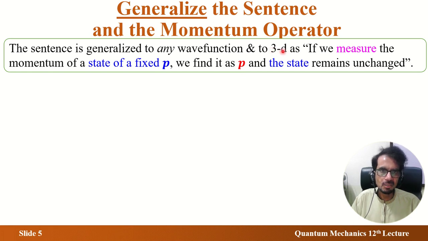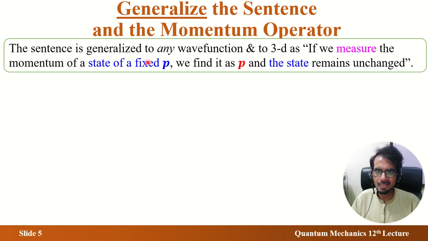The other generalizations, I said 2 more. One of them is that in place of 1 dimension, you generalize to 3 dimensions. And the other generalization is that in place of position wave function, you should be able to say for any wave function, it may be momentum wave function, position wave function, or any wave function. Now, any possible wave function is related to a state.